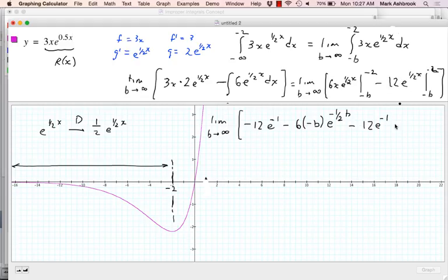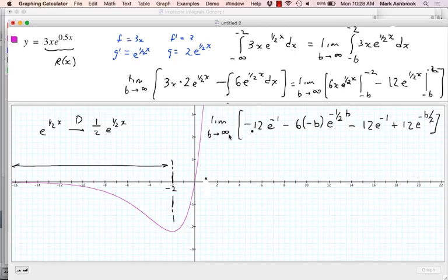And then this is going to be minus, this is going to be plus 12 e to the -b over 2. Okay, check my math. Is that right? Does it look right so far? Looks okay?